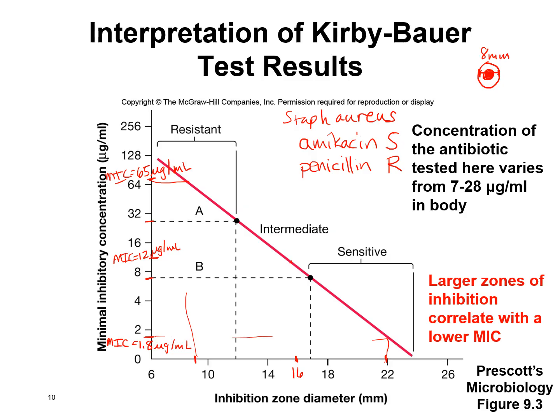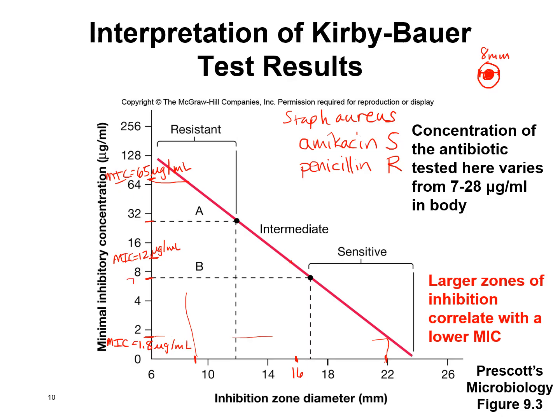Well, that is in between. You could be above that, depending on the dose of drug, but because you have a range between 7 and 28, you could be at the low end, and you may not get above 12 if you're down here around 7.